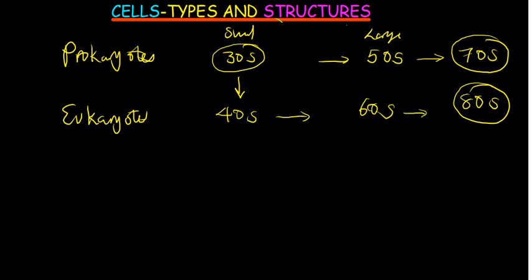The S represents the Svedberg unit, or Svedberg constant, which represents how much the small and large ribosomal subunits are able to sediment. When you are performing centrifugation, you want to spin it. How much are these ribosomes able to sediment? That is the Svedberg unit.